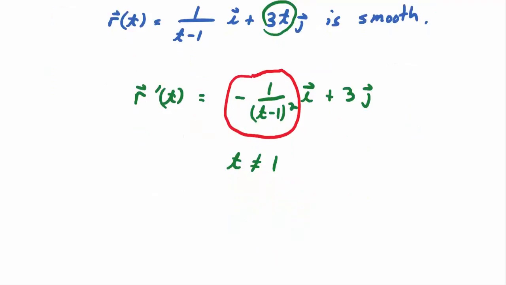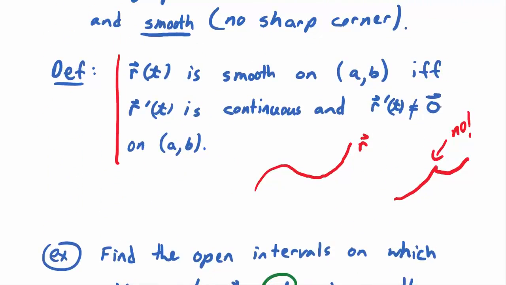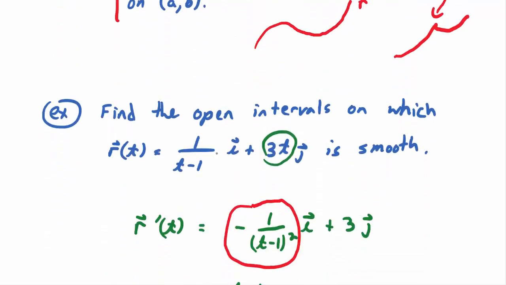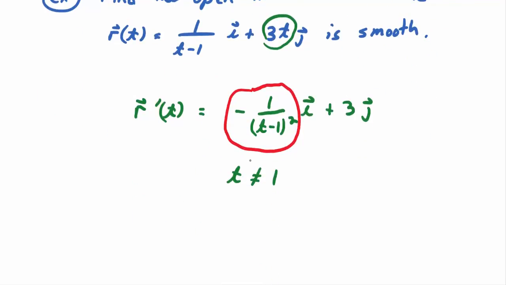Oh, I should mention another condition on it being smooth is r prime of t doesn't equal the 0 vector. That's the vector where all the components are 0. That's not a problem here, because 1 over t minus 1 is never 0 on its domain. Okay? So you don't have a problem with the derivative being 0. So this is the only problem child.